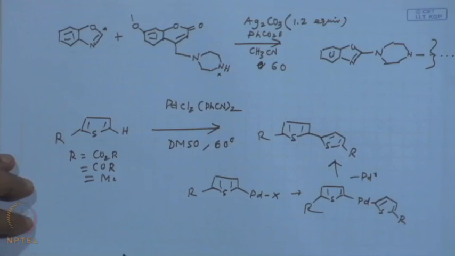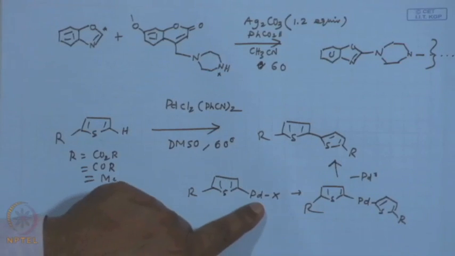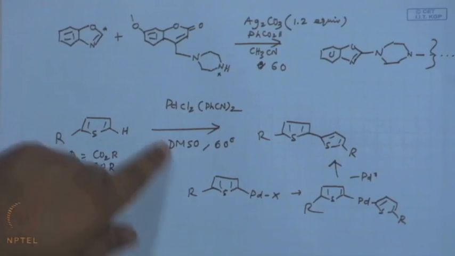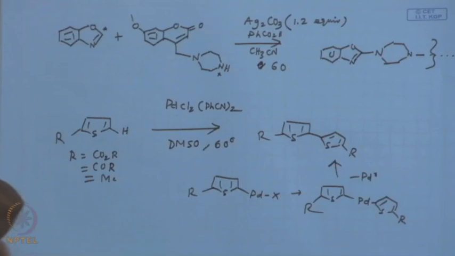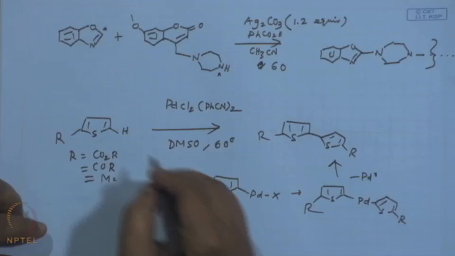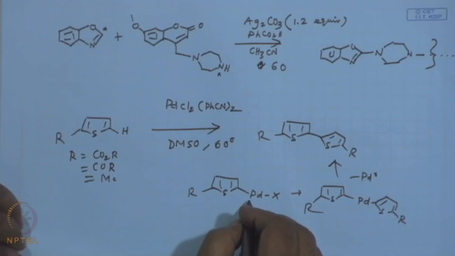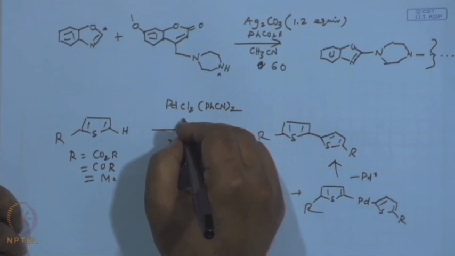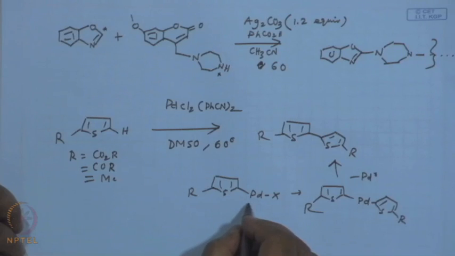To speed up the second step, note that the first step is quite easy, because palladium 2 is pretty electrophilic in nature, but this one is not very electrophilic. So, what do you have to do? You have to make this a little more electrophilic.